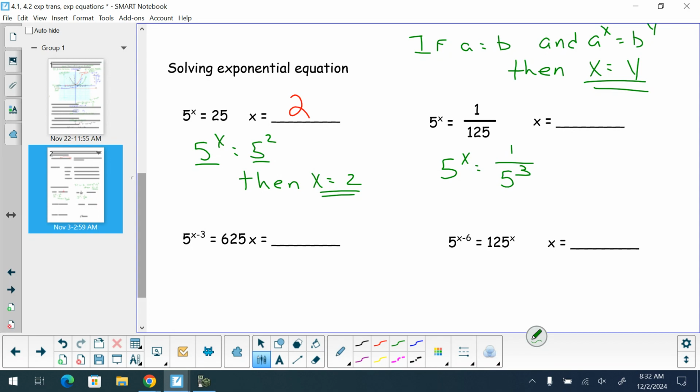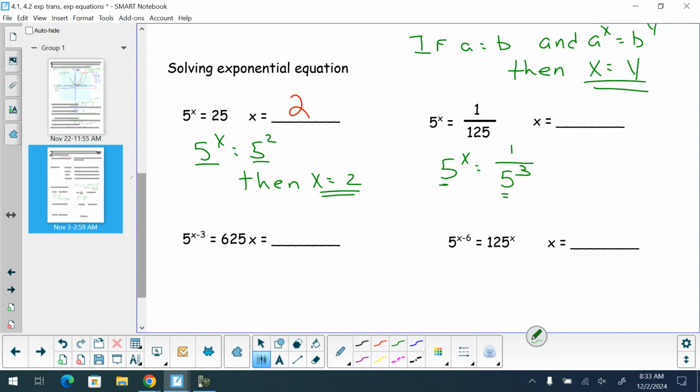I want to be able to get these to be a to the x is equal to b to the x. Well, I have a to the x is equal to 1 over b to the x. I want to get them both in my numerators, both on the same level. One's a reciprocal, one's a denominator, one's a numerator.